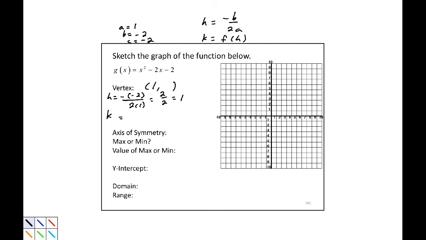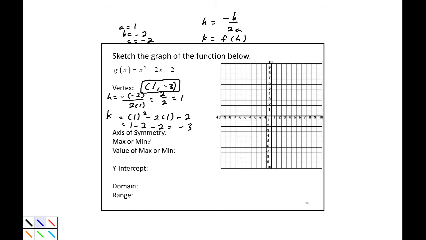So k equals 1 squared minus 2 times 1 minus 2, which is 1 minus 2 minus 2. Let's see, that would be negative 3. So our vertex is the point 1, negative 3.